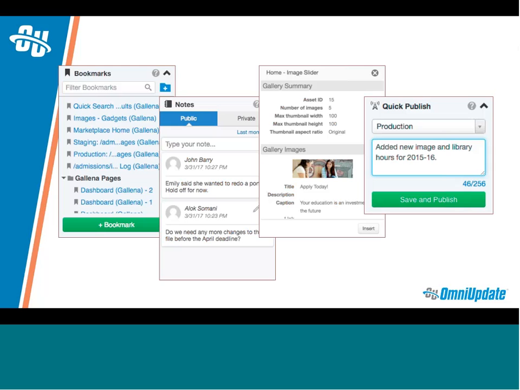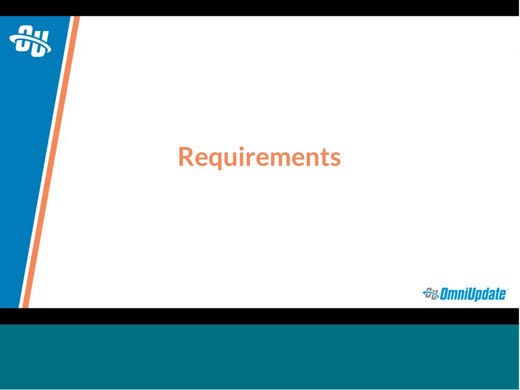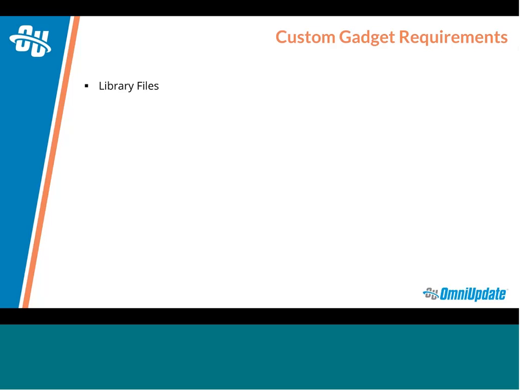So the requirements for gadgets mostly comes down to file structure and necessary files. We have the library files, which include gadgetlib. Gadgetlib is available as the unminified gadgetlib.js or available as the gadgetlib.main.js.